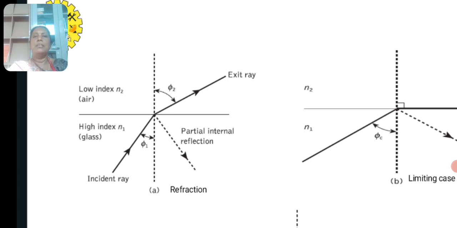Glass has a higher refractive index and air has a lower refractive index, and because of this refractive index difference, the incident ray gets refracted, and that is given by the exit ray. Phi 1 is the incident ray angle at the glass interface, phi 2 is the angle at the air interface, and there will be partial internal reflection taking place.